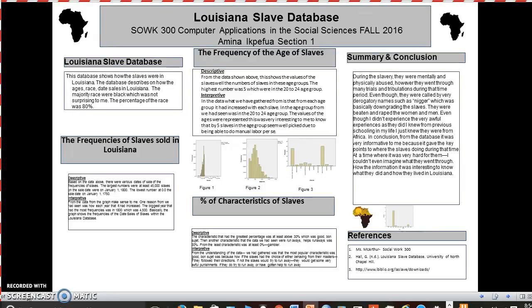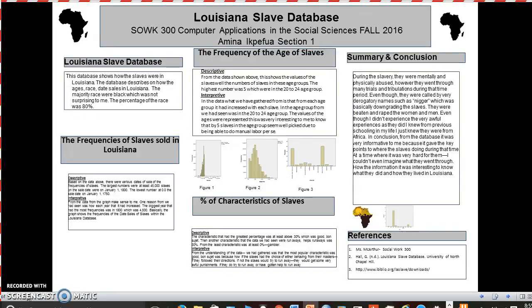Next, we have figure 2, which is the frequency of the age of the slaves. From the data shown, it shows the values of the slaves. For this one, it was 5, which I had to ask somebody for help about.